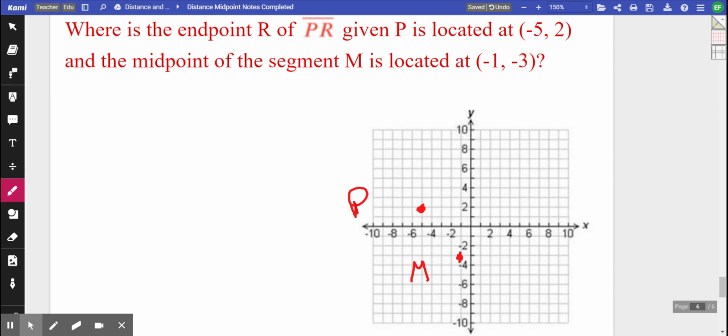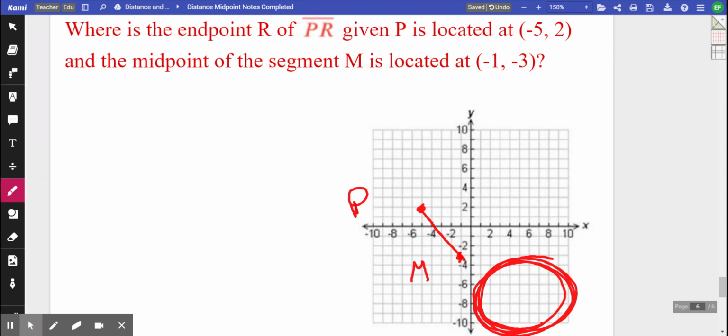So visually, if we're trying to find a location for R, we would expect R to be somewhere down here because it has to be the endpoint of the segment, right? We have this segment that's going along this path where M is the midpoint. We would expect that R is going to be somewhere in this circled area down here.